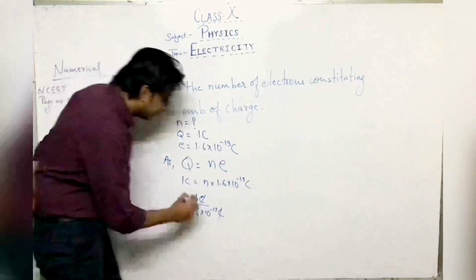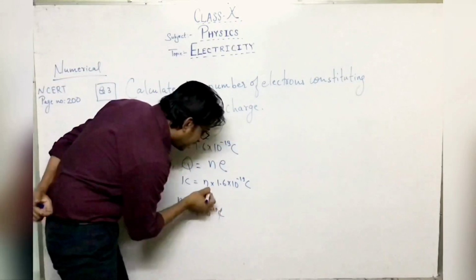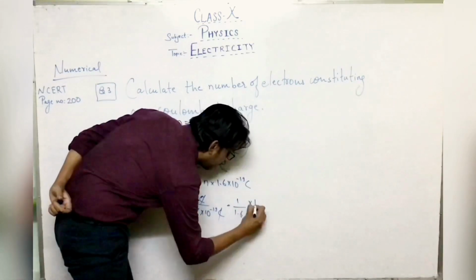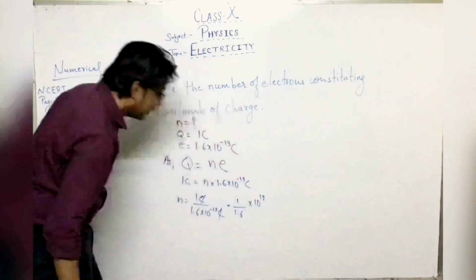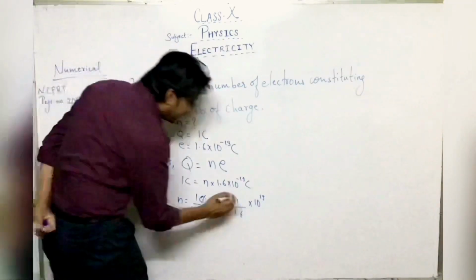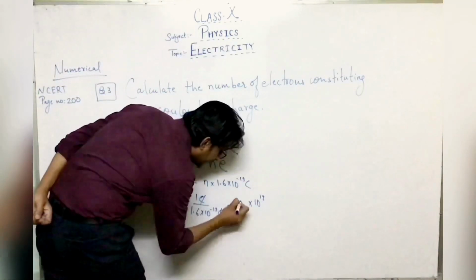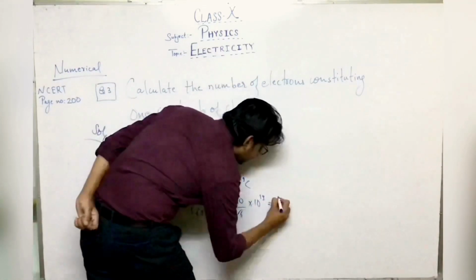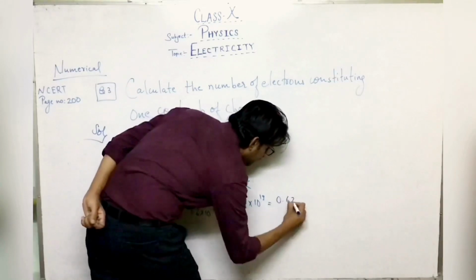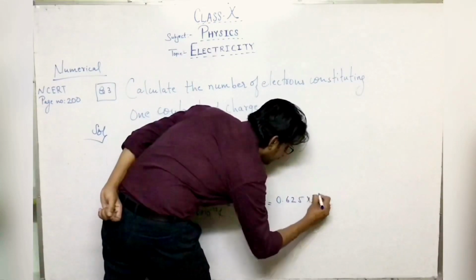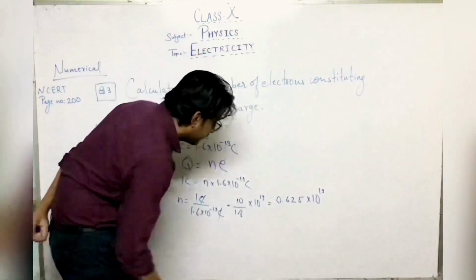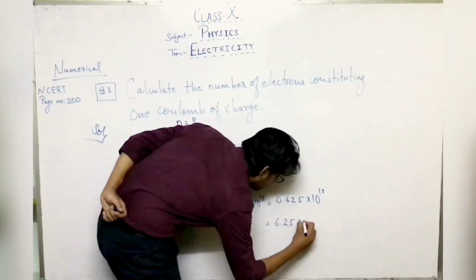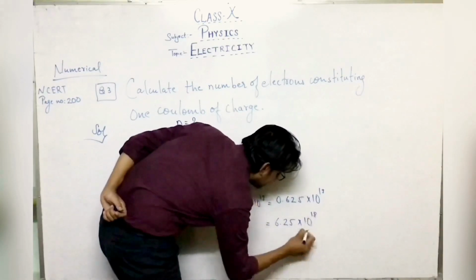Now, 10 to the power minus 19, when it goes to the numerator, it becomes 10 to the power 19. Now, when we solve this, after solving, the answer will be 10 to the power 19 upon 1.6, which is equal to 6.25 into 10 to the power 18.